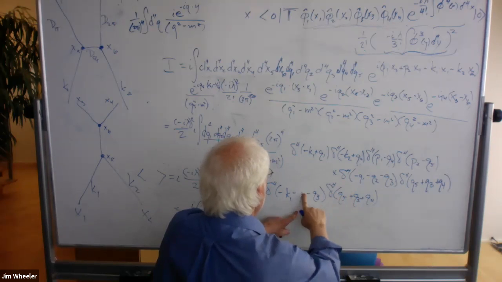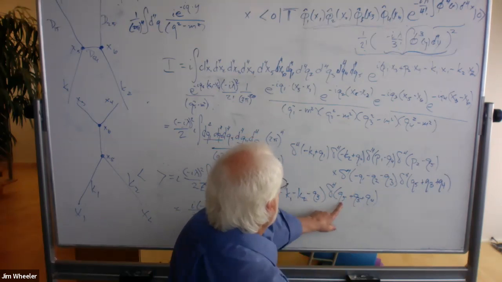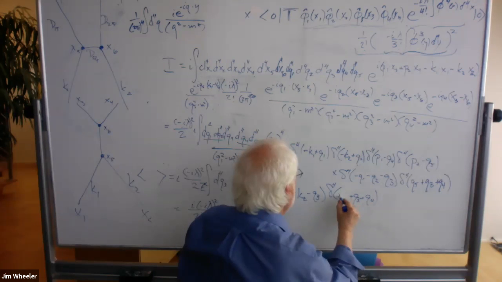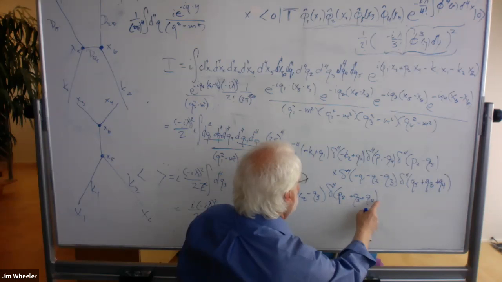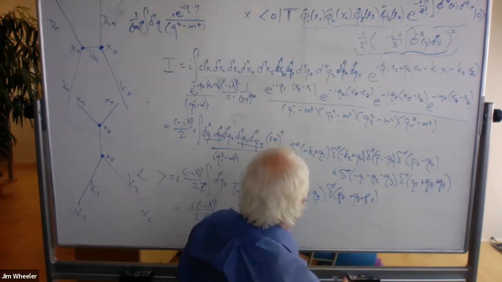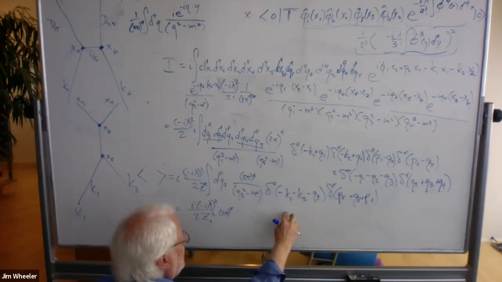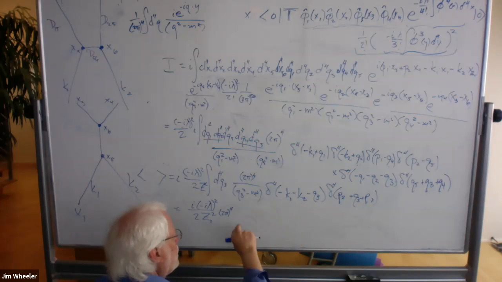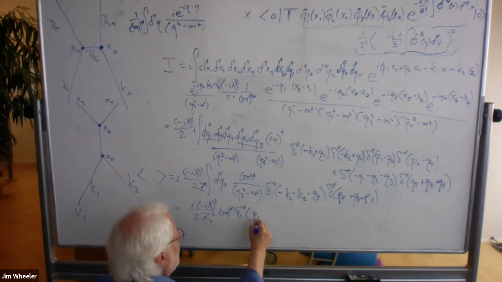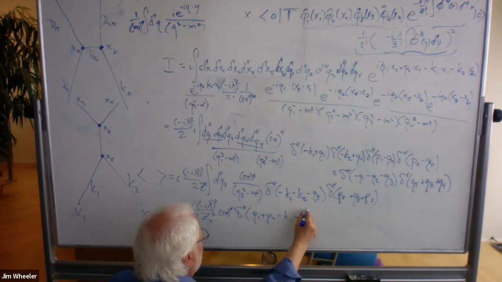Q2 has become K2. Q5 has become P2. Q4 has become P1. So now we do the integral over Q3. We replace Q3 is equal to minus K1 minus K2. So we have del 4 of P1 plus P2 minus K1 minus K2.